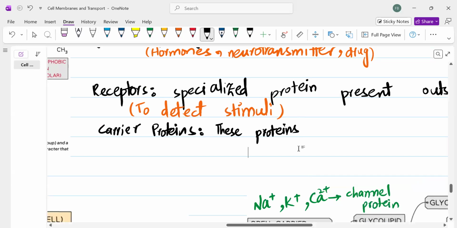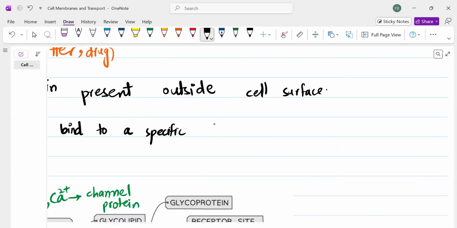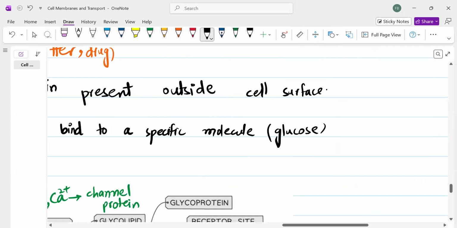these proteins bind to specific molecules. Not every molecule can bind with them, just like I am writing the glucose. And then they will undergo conformational changes.